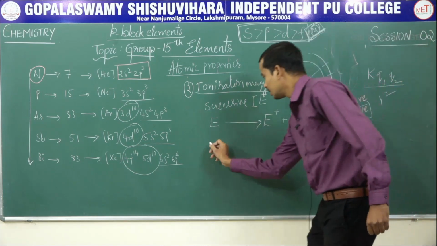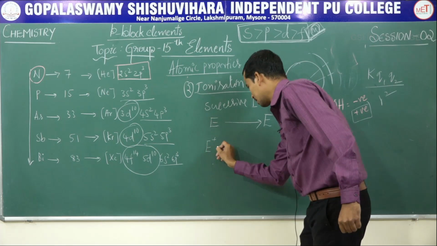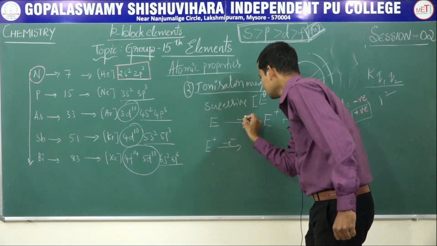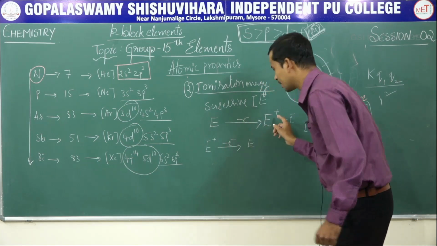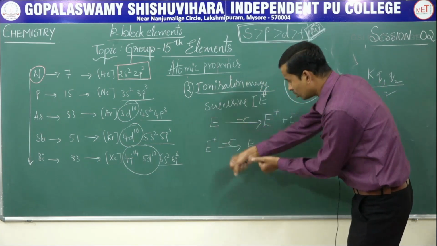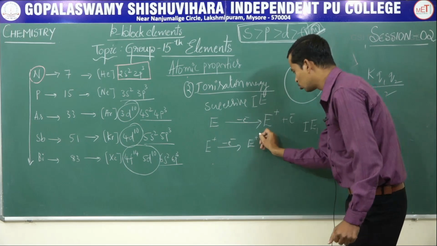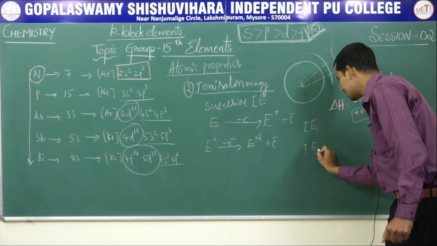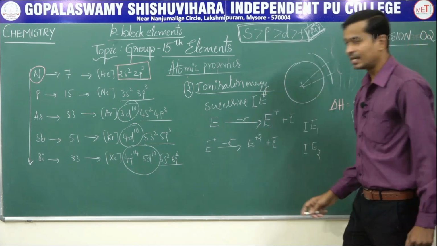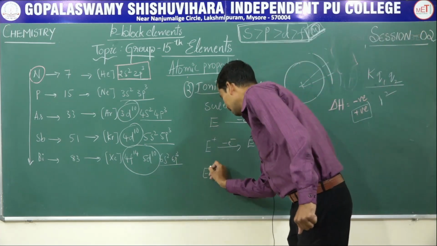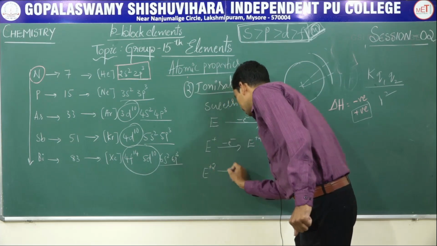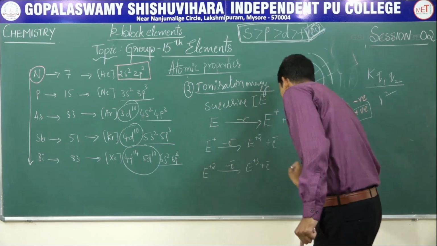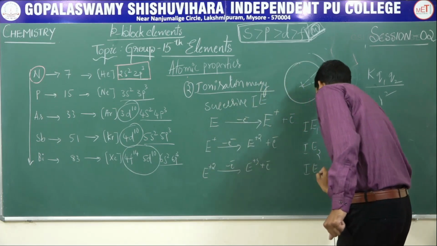Next, E plus loses another electron. E plus already exists; we remove one more negative charge to give E2 plus, and the energy is called IE2, the second ionization energy. Next, E2 plus gives E3 plus, IE3.